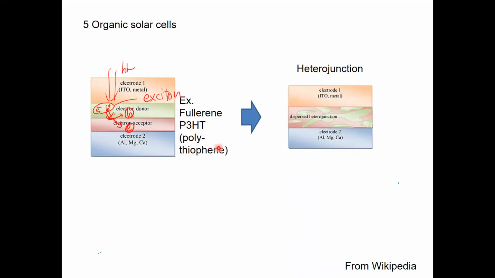And to increase the efficiency of this, there was an innovation of just mixing these two types of polymers at the nanoscale like this. So these kinds of things increase the interfacial area that could enhance the efficiency of the charge carrier extraction. This type of junction is called the heterojunction solar cell.